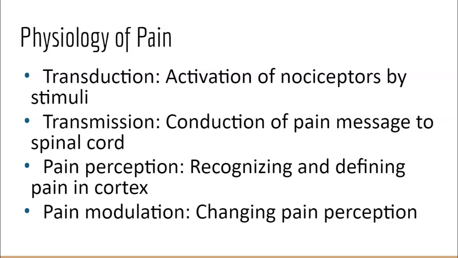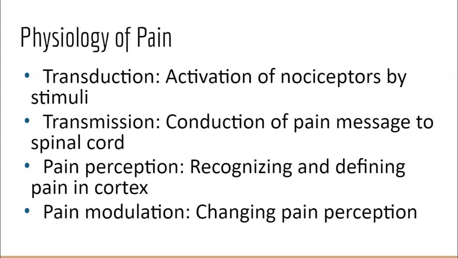Pain modulation is the process that changes the perception of pain by either facilitating or inhibiting pain signals through the endogenous analgesia system and the gate control mechanism. So the endogenous analgesia system is the system where neurons in the brainstem activate descending nerve fibers that conduct impulses back to the spinal column.